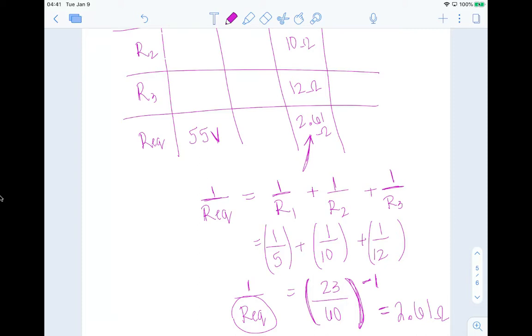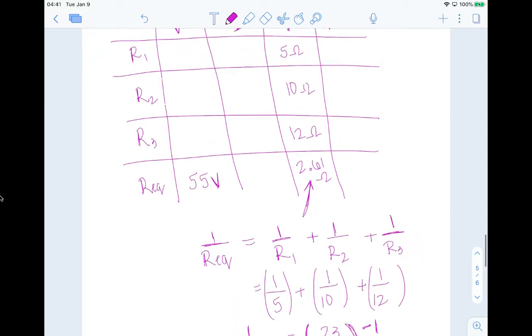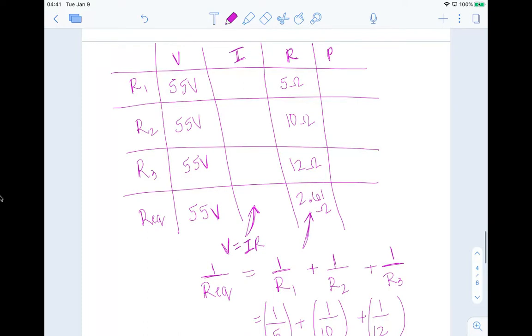This is also a parallel circuit. So in a parallel circuit, we know that I have a constant voltage, so 55 volts everywhere. Solving using V equals IR for this column, as we go down the list, we end up with 55 divided by 5, so we get 11 amperes for R1, 5.5 amperes for R2, and 4.58 amperes for R3.